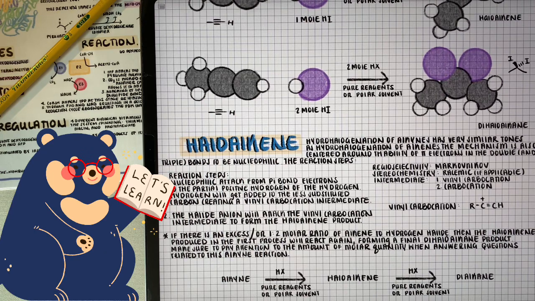This is just a carbocation where the carbon that has the positive charge is also contributing in a double bond. Then, when we go from a haloalkene into a dihaloalkane, we're going to have that typical carbocation that we saw before. And everything else is super similar.